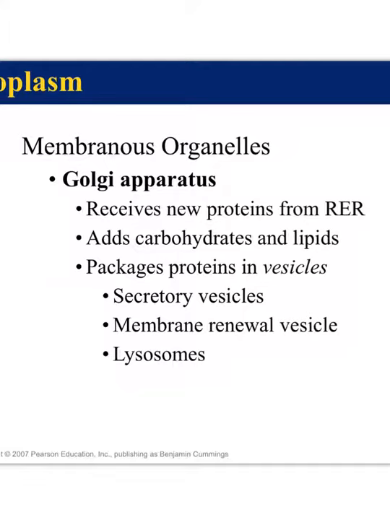Some of those vesicles or pockets are going to be secretory vesicles to allow the contents to be secreted or removed from the cell. Some of those vesicles are going to be membrane renewal vesicles, which will help to build the cell membrane as some of it gets wrecked or used. And some of those vesicles become lysosomes, which are going to help to clean out the cell as they're full of digestive enzymes.